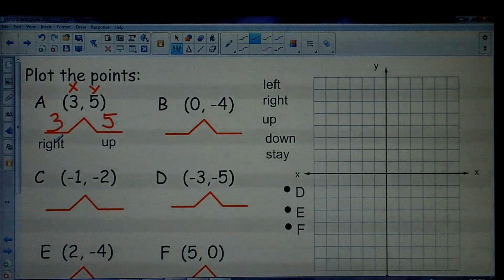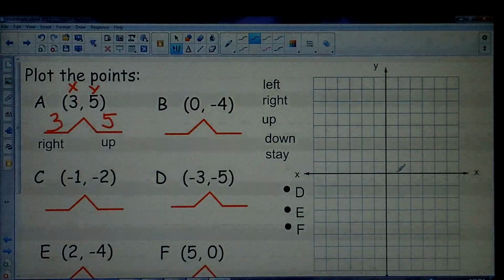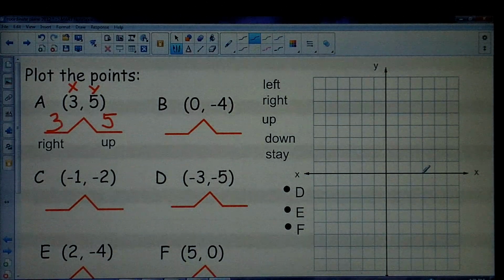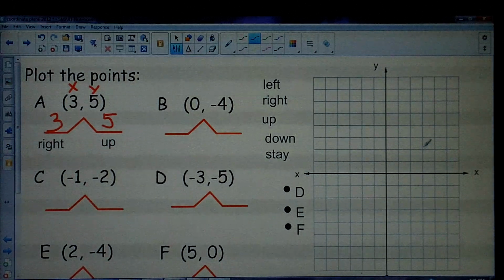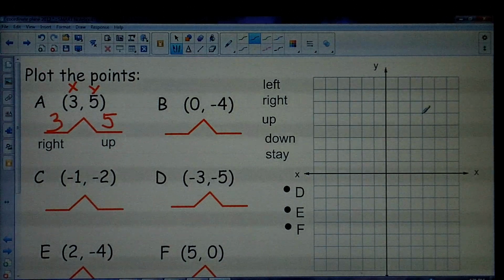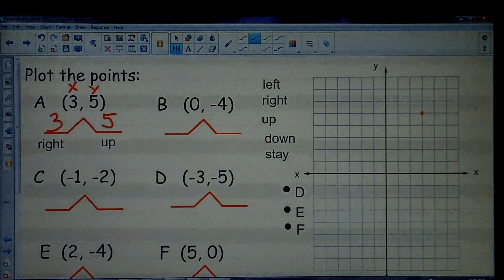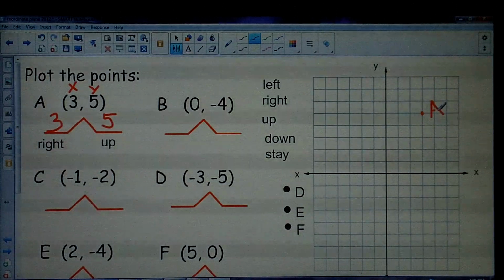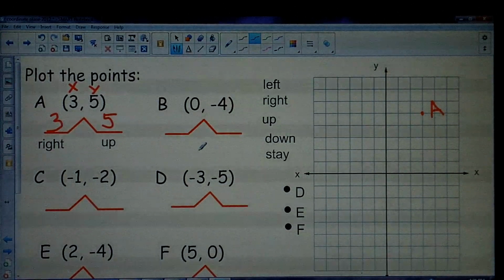It says 3 right, 5 up. So I'm going to go 1, 2, 3 lines to the right. 1, 2, 3, 4, 5 lines up. And I'm going to put a dot. And since it has an A next to it, I'm going to label this point A. So when somebody looks at my grid, they know which point that is.